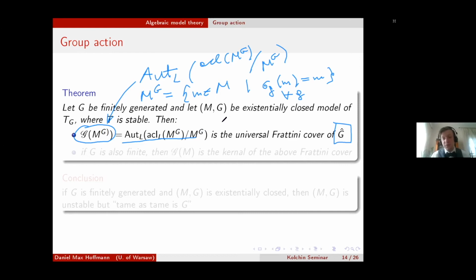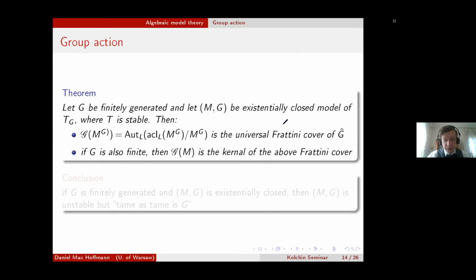The universal Frattini cover is the smallest projective cover of this profinite completion of G, and that's quite a standard notion in profinite groups.